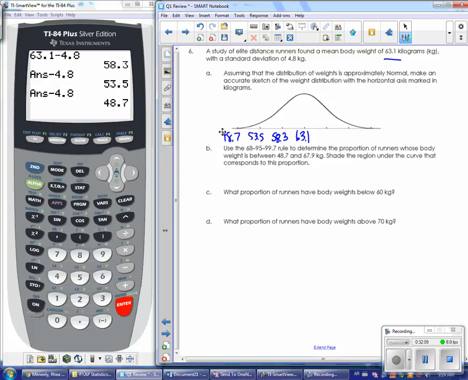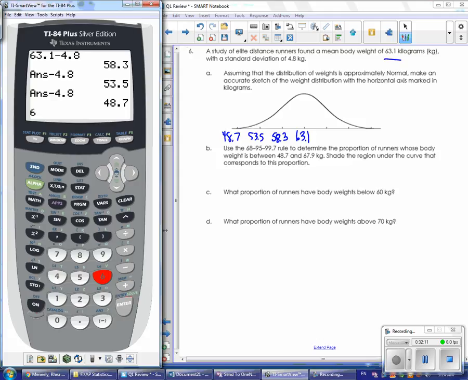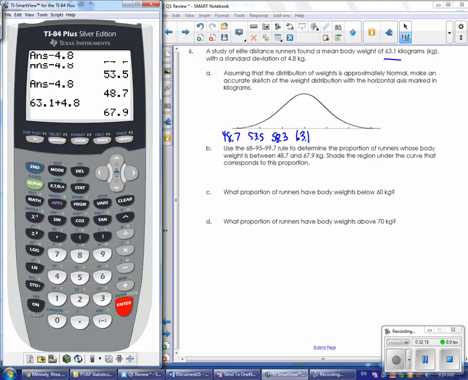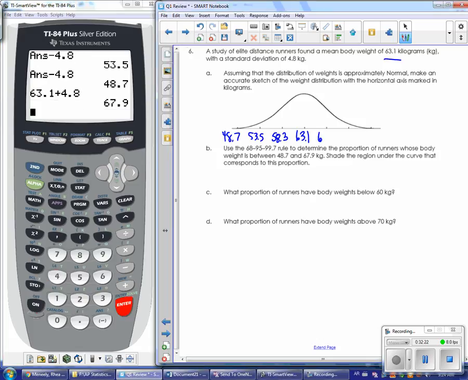And then on the other side, I want to add. So I'm going to take my 63.1, and I'll add my 4.8, and we get 67.9. I'm going to add it again, and I get 72.7. Add it one more time, and I get 77.5. And this is kilograms.